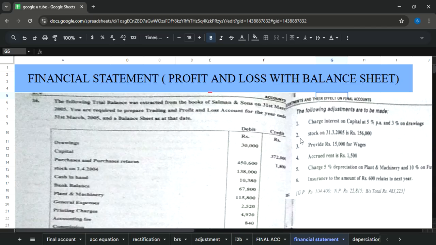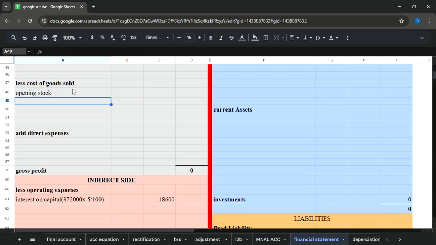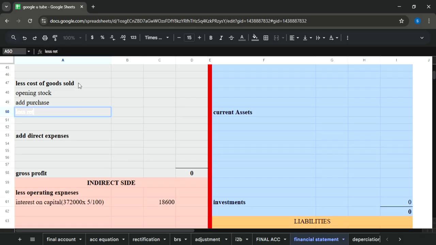Next adjustment, second: stock on 31st March. Since it's your closing stock of 156,000, for the first effect we will start at cost of goods sold, where you will write opening stock first, then add purchases, then subtract returns, then also subtract closing stock.